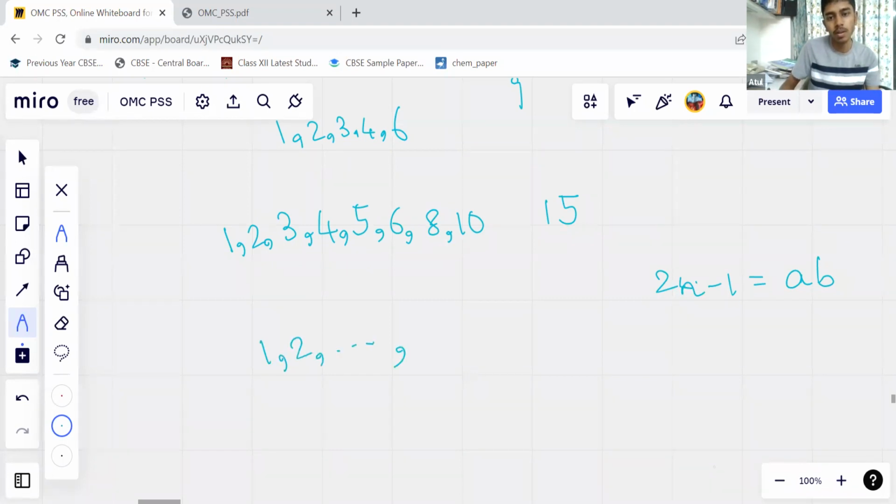If we just try 1, 2, all the way till some number, and then we're taking sort of half of them.